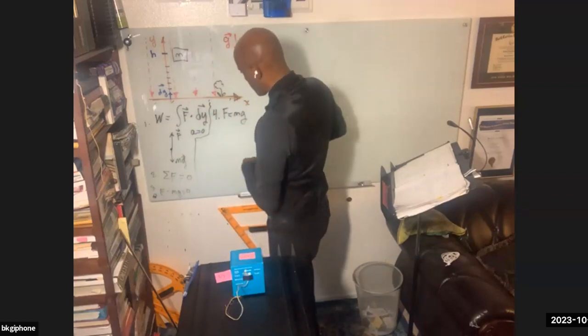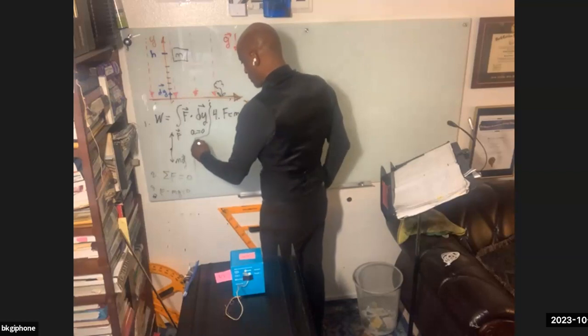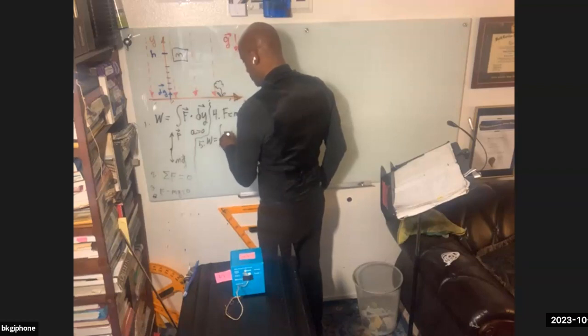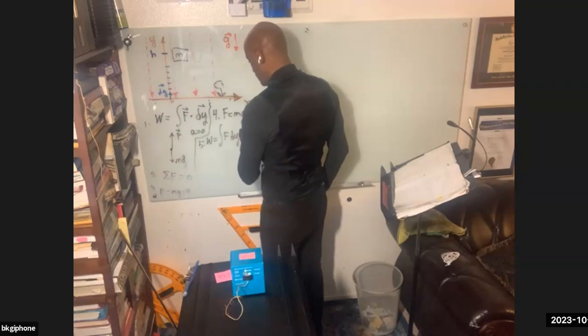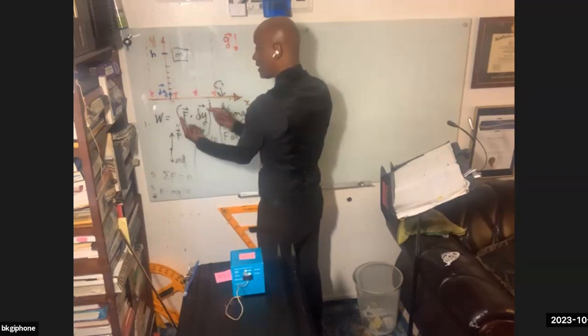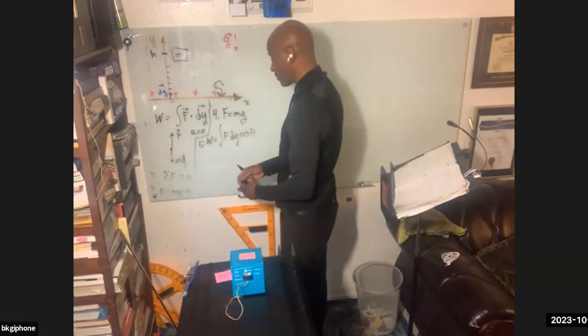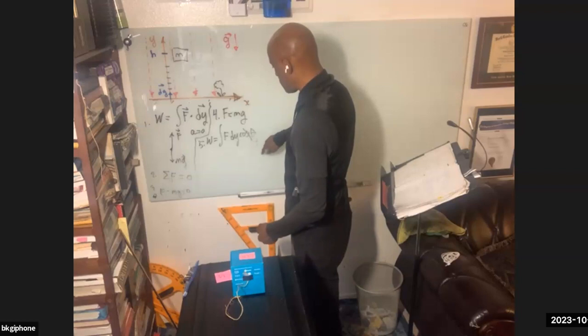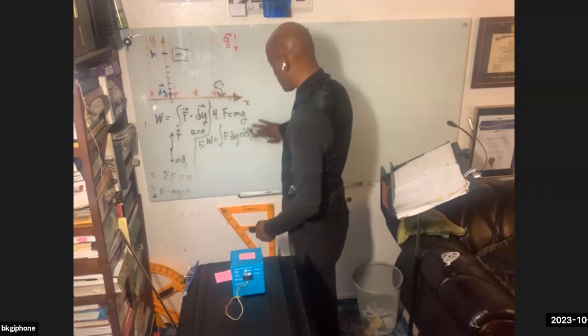When you work out this integral, the work is going to be equal to F times dy times the cosine of the angle between F and dy. Well, if I'm picking it up, F is up and dy is up, so the angle between them is 0 degrees. So theta is 0, and the cosine goes to 1.